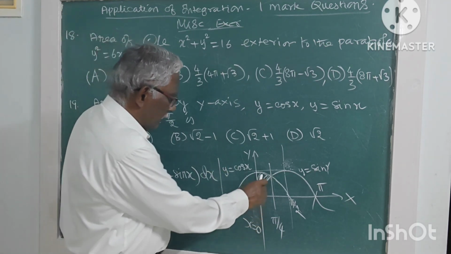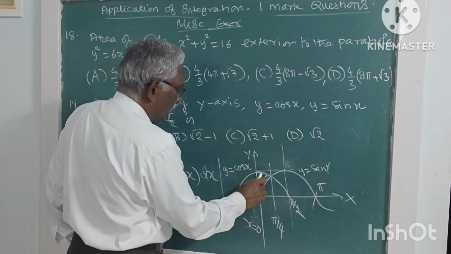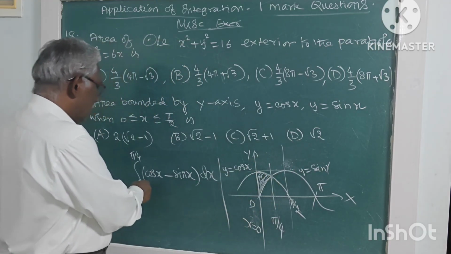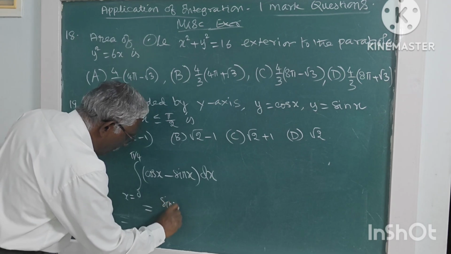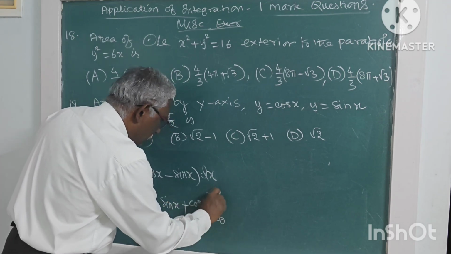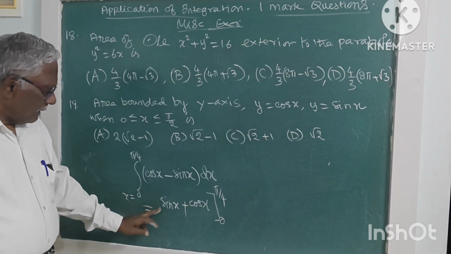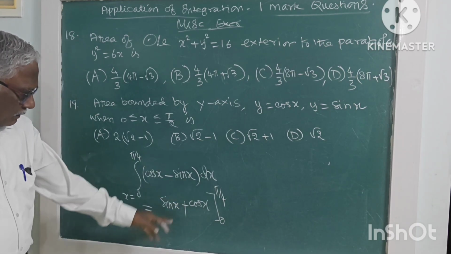So this is the area bounded by the y-axis, y is cos x and y is sin x. This area we write like this: sin x from 0 to pi by 4. Cos x if we integrate gives sin x, minus, sin x if we integrate, minus cos x will come.